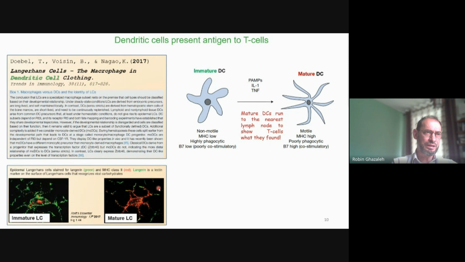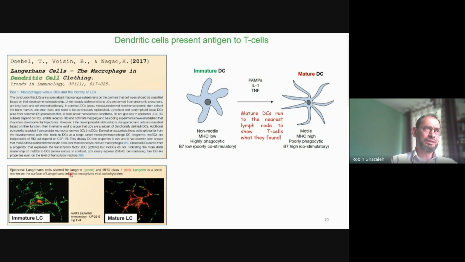Of course, this is not the real color; this is fluorescence, fluorescence microscopy. Fluorescently labeled MHC class 2 and the fluorescently labeled Langerin. It's written here not dendritic cell, but Langerhans cell, epidermal Langerhans cell. And as I said, there are different types of dendritic cells, and in current research it's not a complete story.